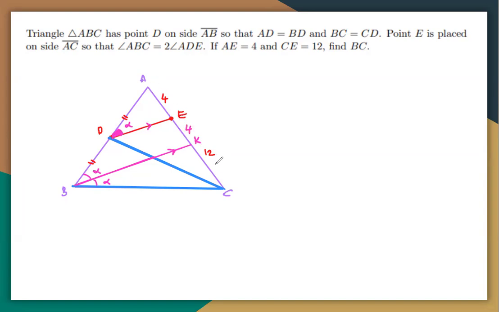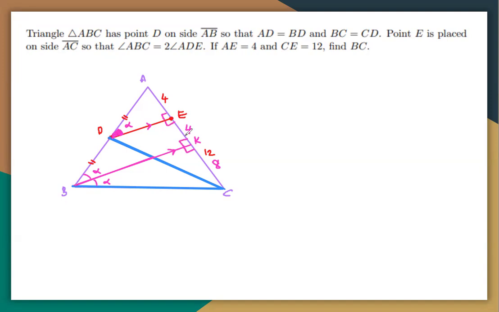So this is 4, and this has to be 8, which is also nice because K is the midpoint of AC, while BK is the angle bisector. So this is an angle bisector and a midpoint at the same time, which has to be an altitude as well. So that will force this to be 90 degrees. And we know DE and BK are parallel. So if this is 90, then this is also 90.